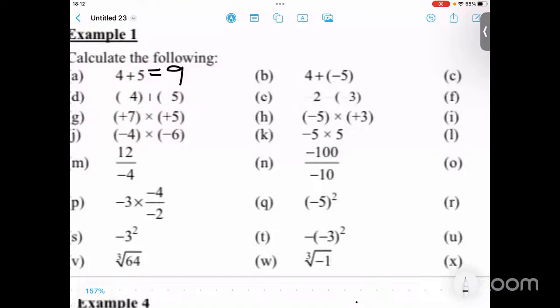B says 4 plus, in brackets, minus 5. What is the first thing that we're going to do here? Let's see. Mukundi, what is the first thing that we're going to do here when we are calculating without the use of a calculator?